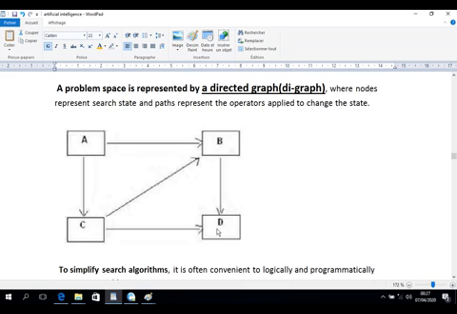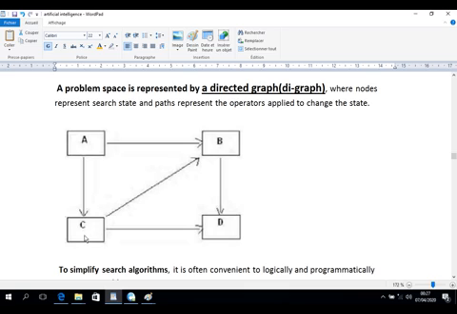The problem space is represented by a directed graph. What is a directed graph? It is a set of nodes, as you can see on this example. A, B, C, and D are the nodes or the vertices. Now, the nodes are linked by directed arcs.